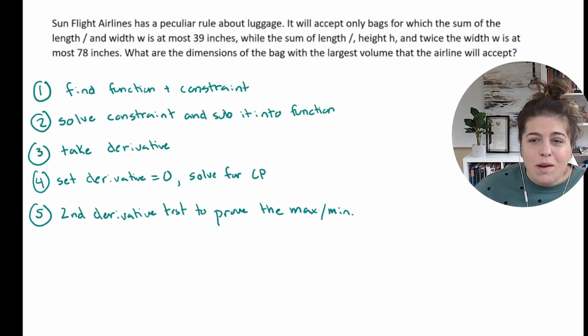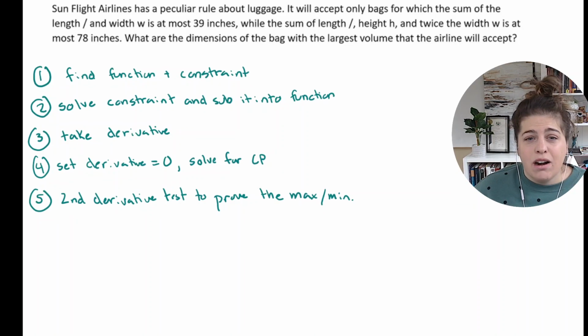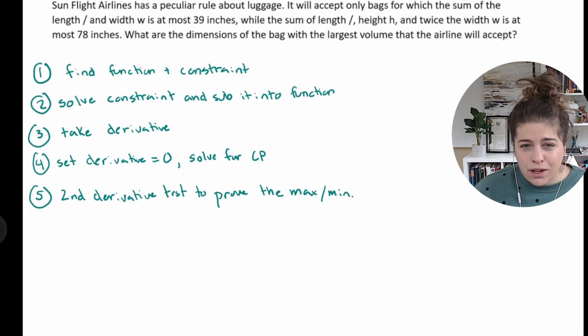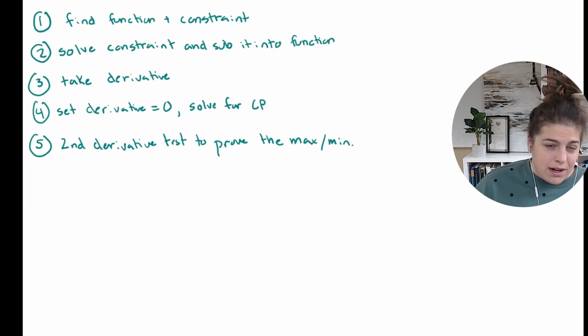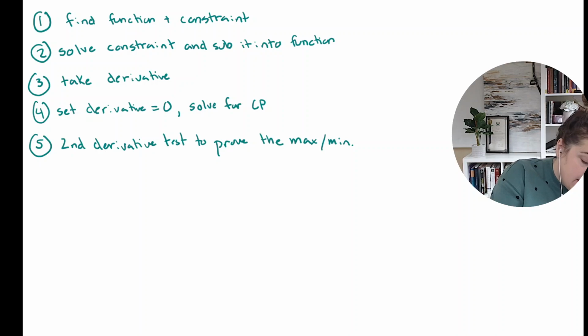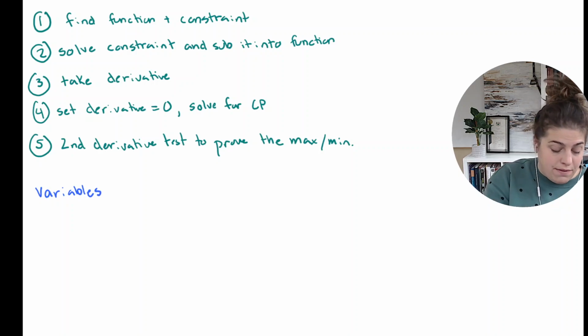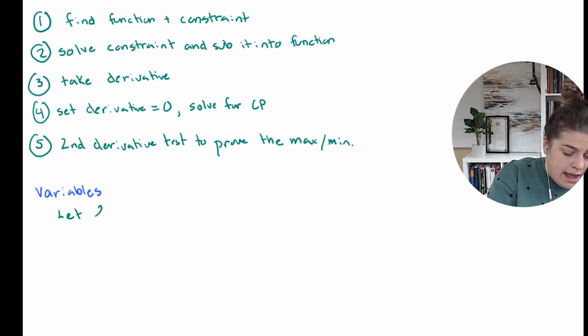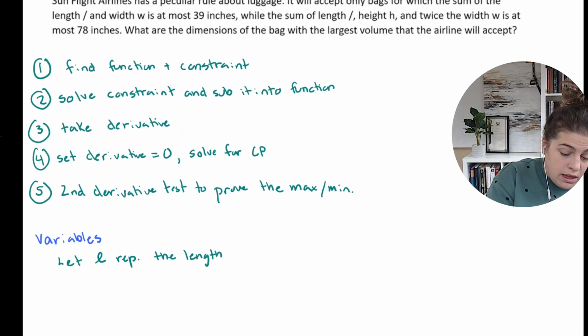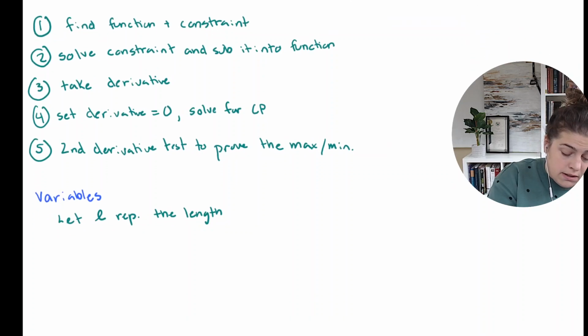Okay. So we want to understand here that our goal here is to maximize the volume. They've already given us the variables. If we were doing a question like this on an exam, we would always define our variables, right? Let L represent the length in inches.